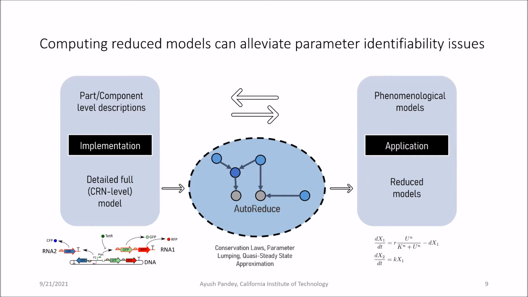With this automated tool, AutoReduce, you can implement these common model reduction techniques, conservation laws, parameter lumping, quasi-steady-state approximations, so that you can derive reduced models for different systems and compare them together.